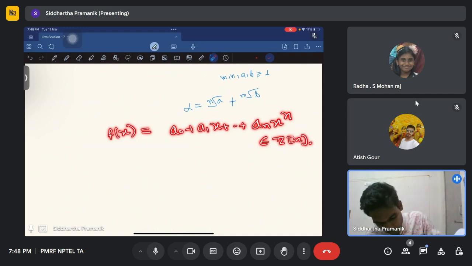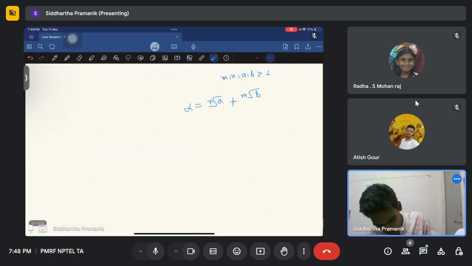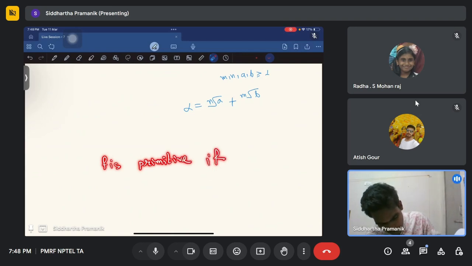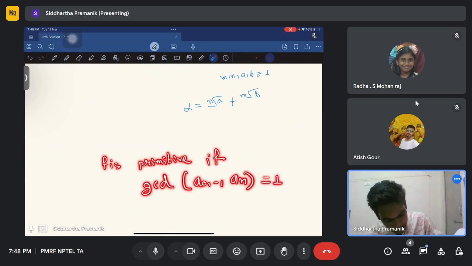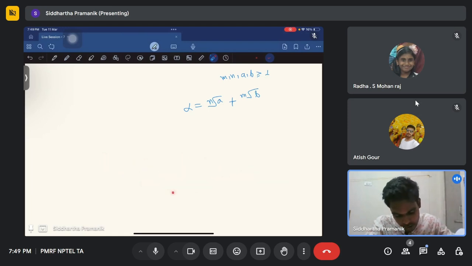We call f primitive if you take the GCD of the coefficients a_0 up to a_n, and if the GCD is 1, then we call it a primitive polynomial.